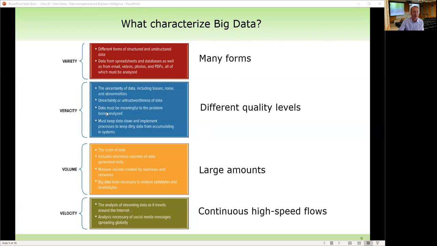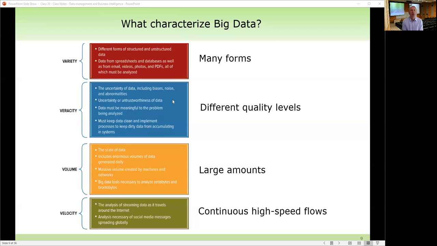You can also have a number of different quality levels of your data sets, and that's what's called veracity. The veracity is about the data that can be unstructured or can have poor quality. It could be untrustworthy, could be duplicated. So typically big data also comes in many types of dirty formats, with different types of quality that needs to be handled.